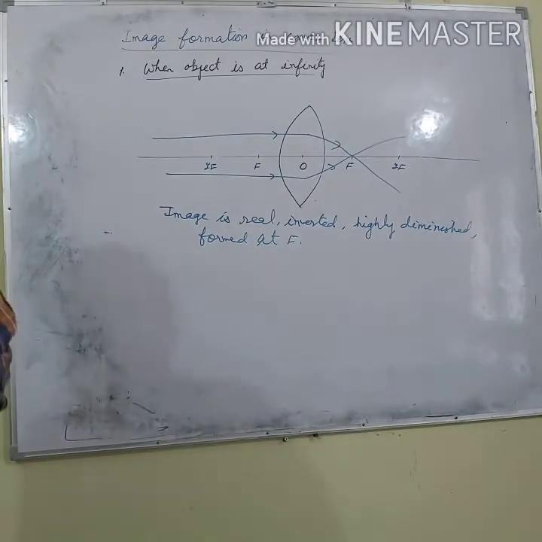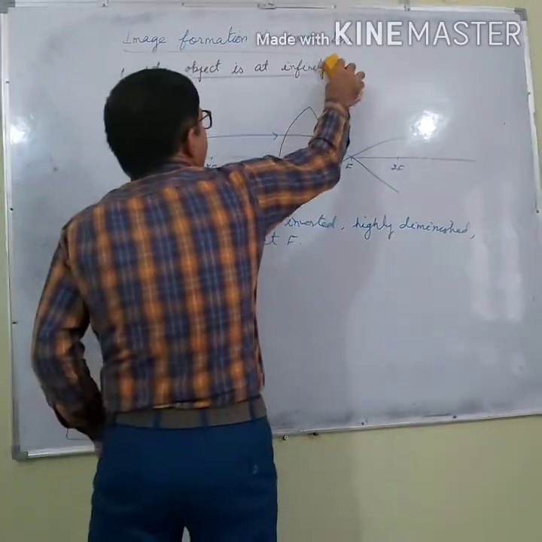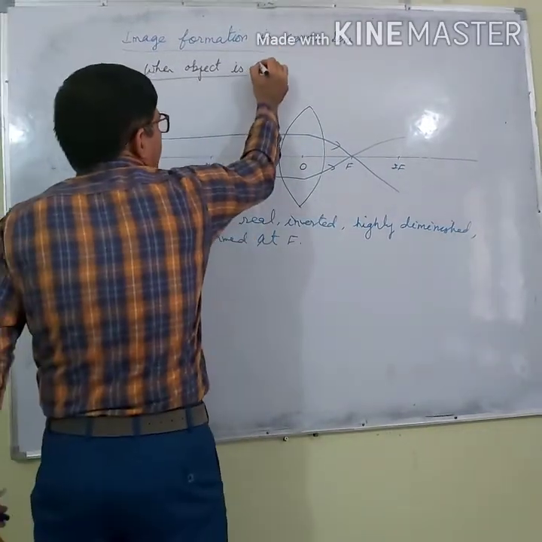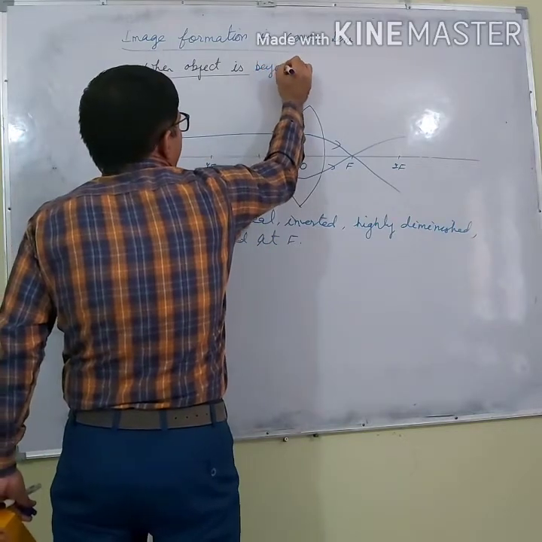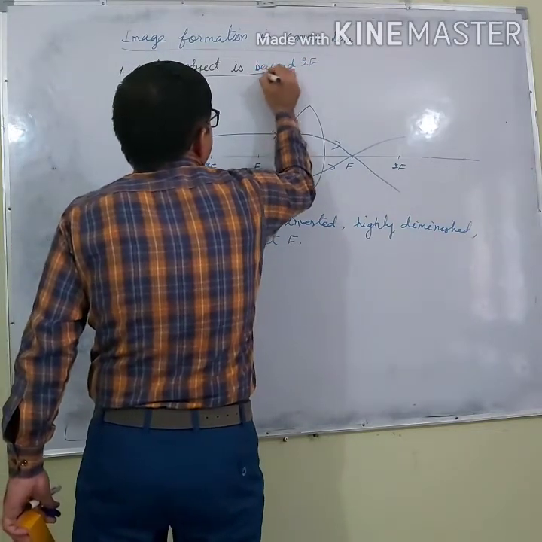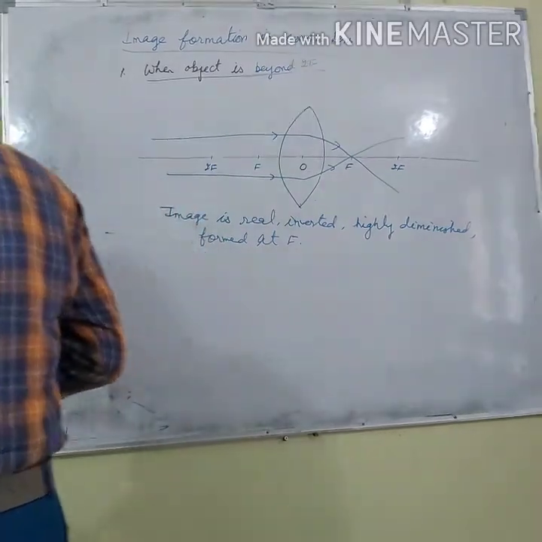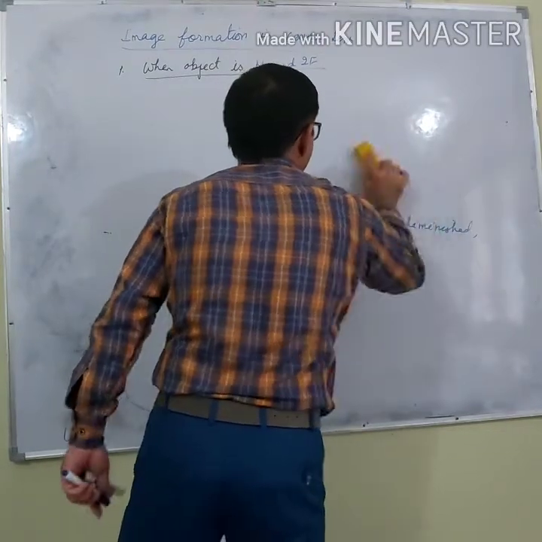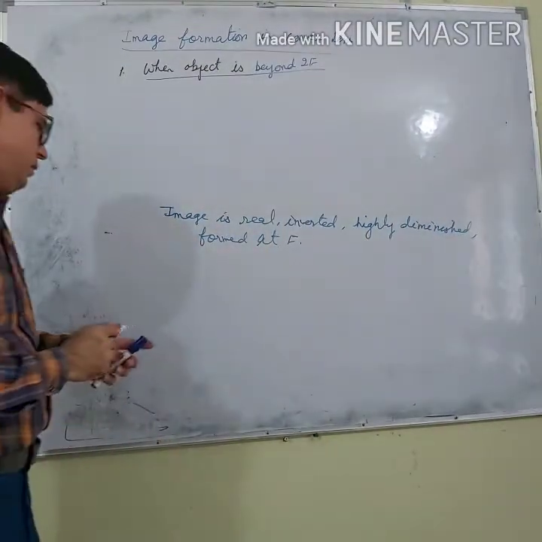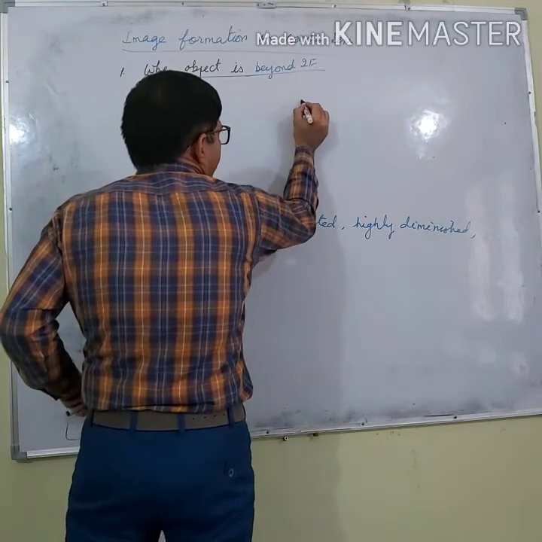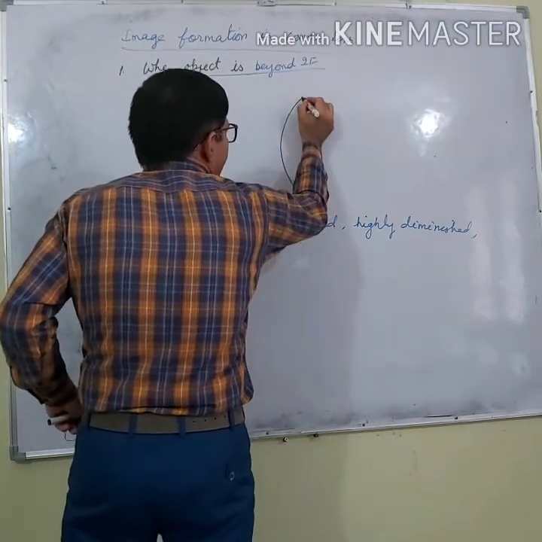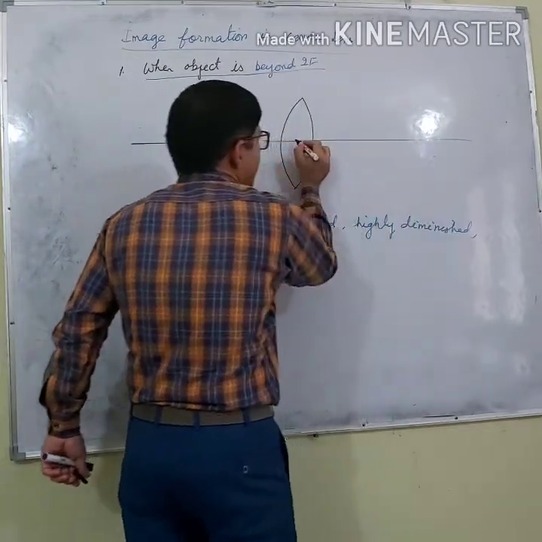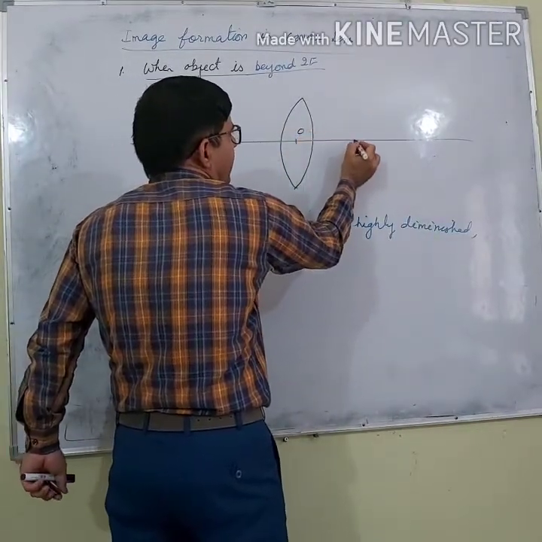Second is when object is beyond 2F. Let me draw an object which is beyond 2F. Let us say we are having a convex lens and this line is principal axis, this point is optical center.